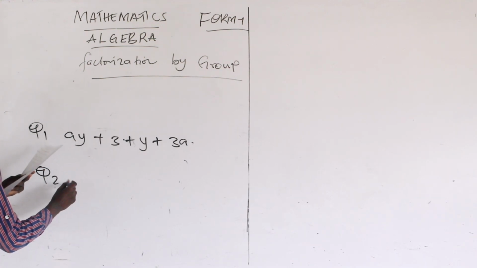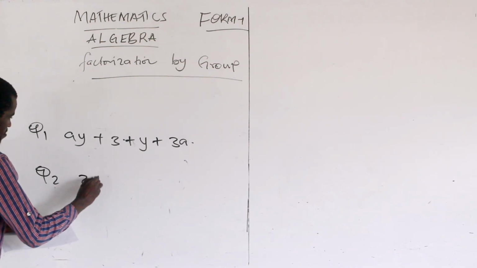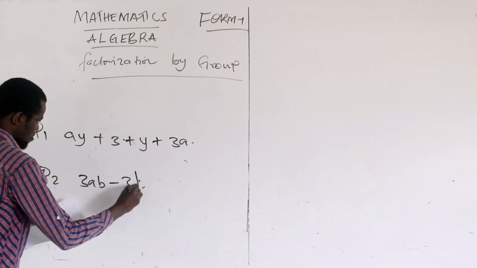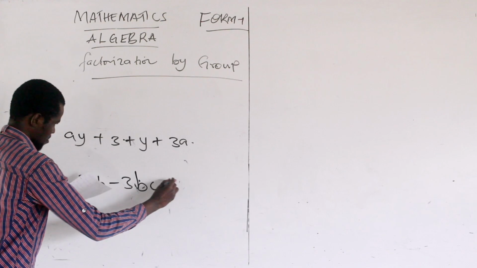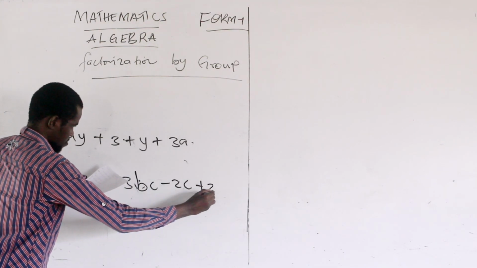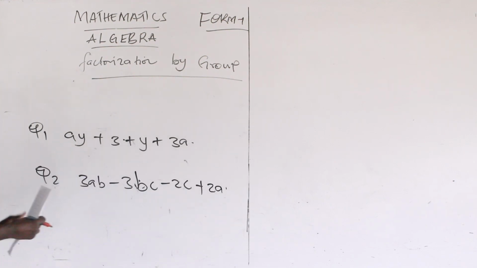Question 2, you will have 3ab minus 3c, 3bc minus 2c plus 2a. So I would like you to attempt those two questions. Then we shall again go through them together.